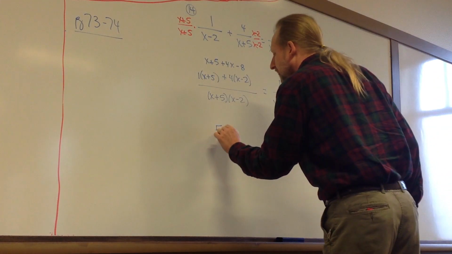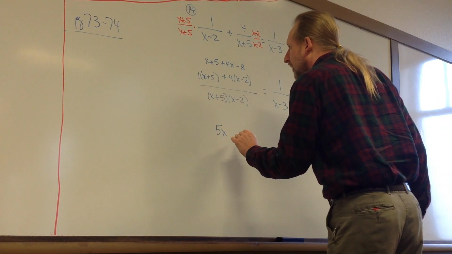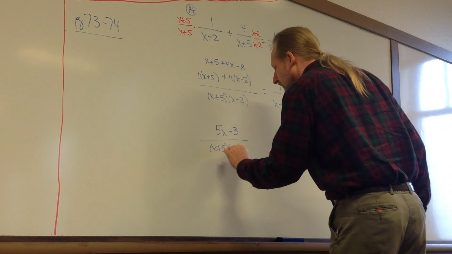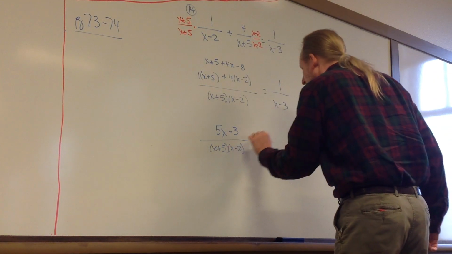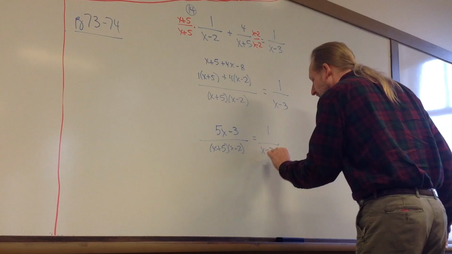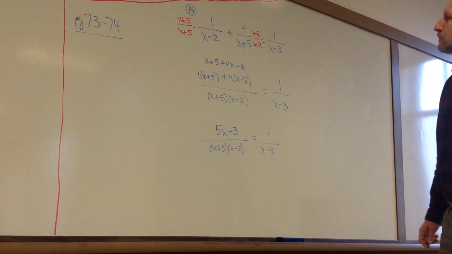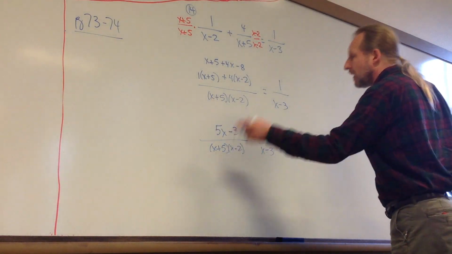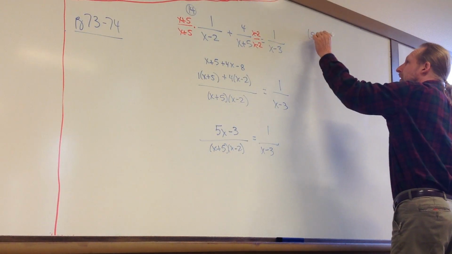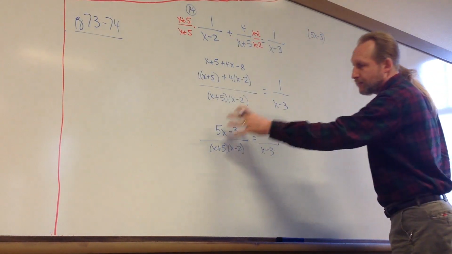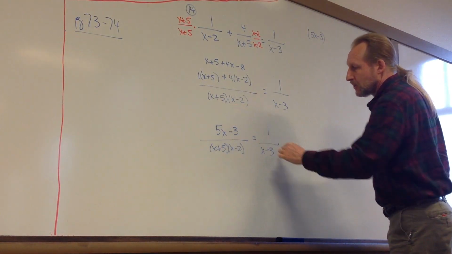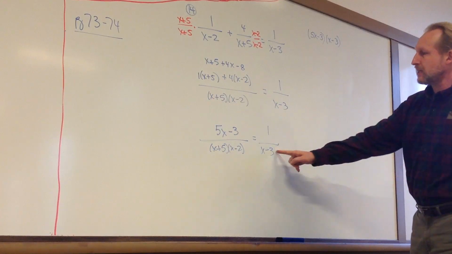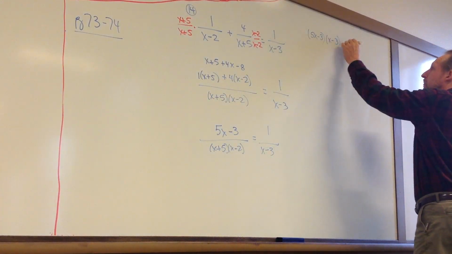So that's going to make 5x minus 3 over x plus 5 times x minus 2 equals 1 over x minus 3. Okay, so now we're going to cross multiply, because we have a fraction equal to a fraction. 5x minus 3 times x minus 3 equals 1.